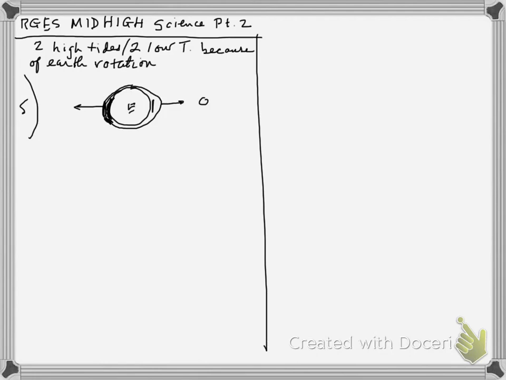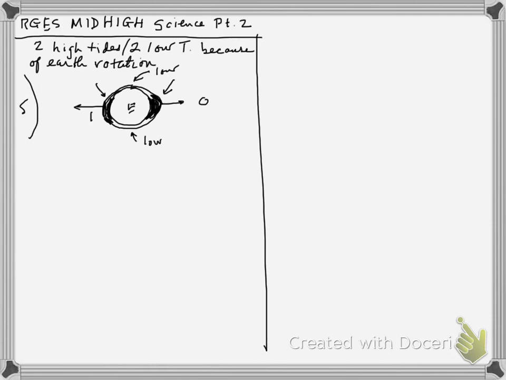And of course, at any given time, there's a high tide on each side of the Earth, right? But to have that thickening of the water, that piling up of the waters on both sides of the Earth, you have to have a thinning. And so there's a low tide over here, while there's a high tide on both sides, but there's also a low tide over here. So you have two low tides and two high tides.